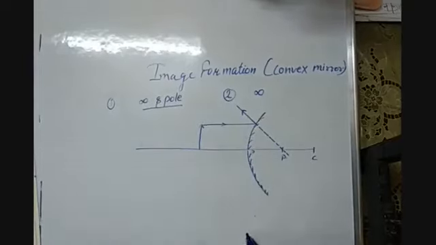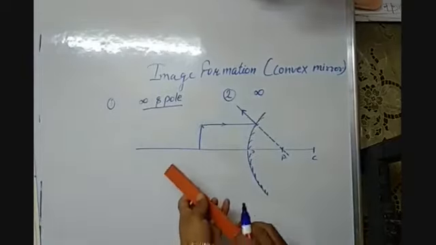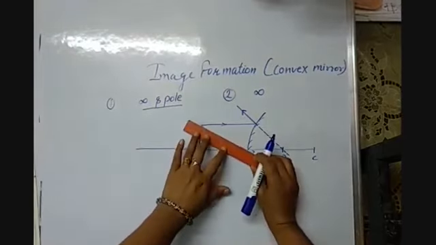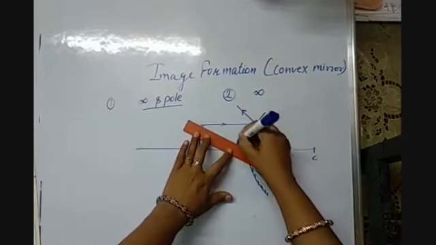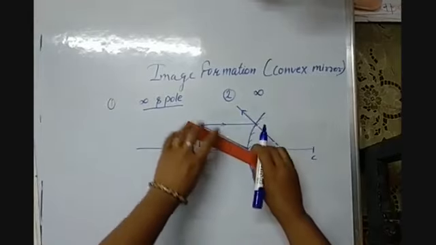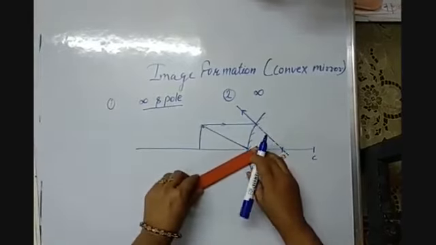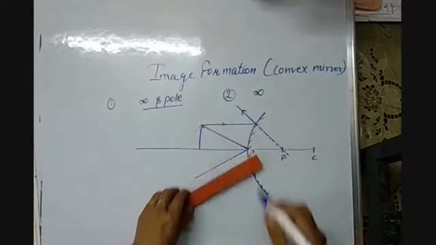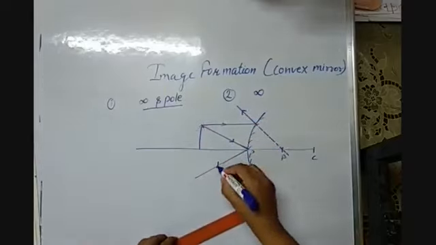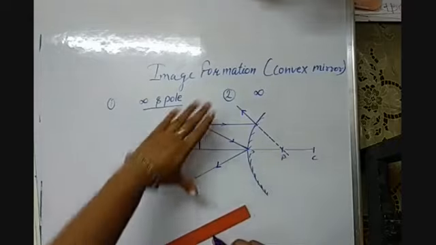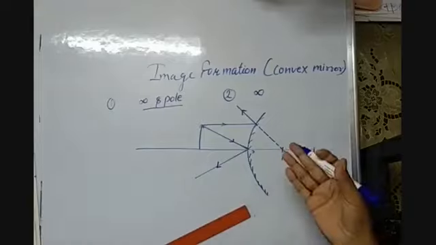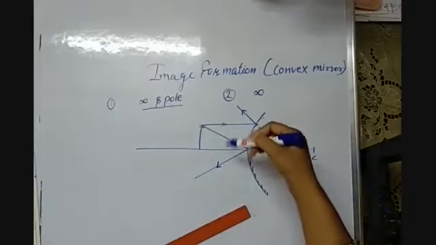So this is how it gets reflected. The second ray, let's say it falls on the pole, so it will get reflected with the same angle in this way. This is our reflected ray. But these 2 reflected rays are getting diverged. They are getting split. So they are not going to meet on this side.